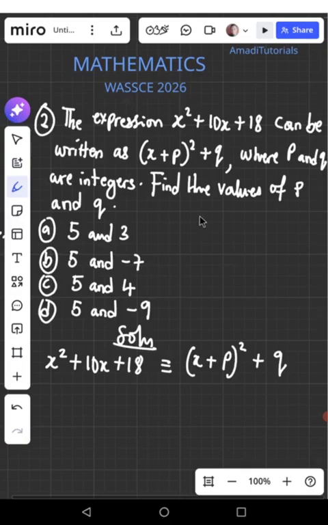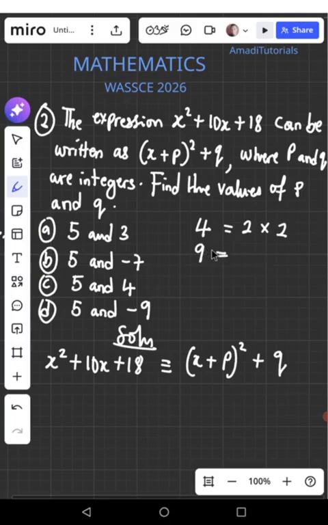A perfect square is simply a number that can be expressed as a product of two identical numbers. For instance, 4 is a perfect square because it can be expressed as 2 times 2. Another example is 9. 9 is a perfect square.